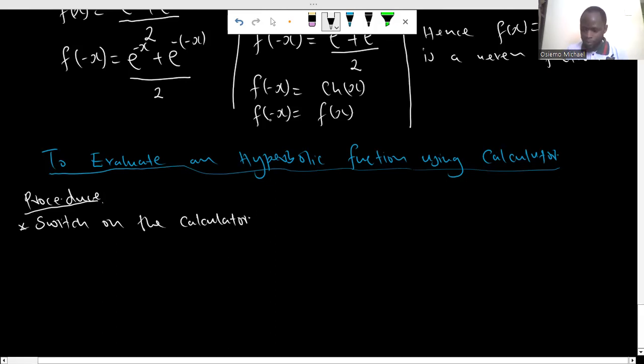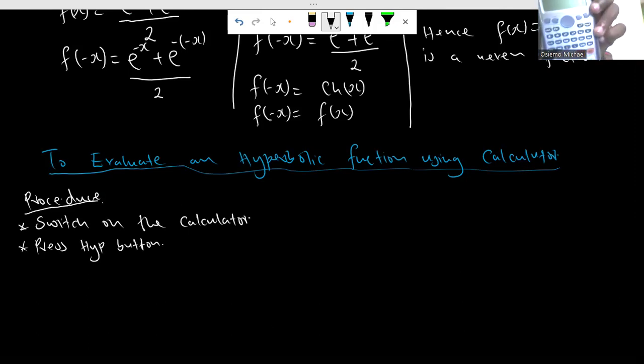Then press the Hype button. The Hype button is just below the X squared. If you can see the Hype button here, it is here. So that's the Hype button.